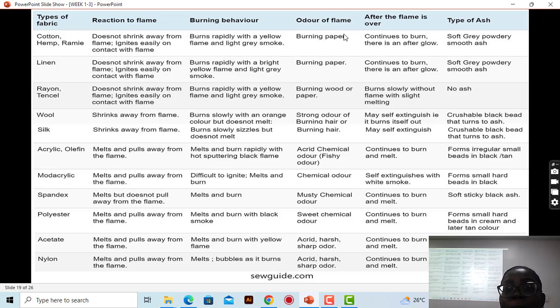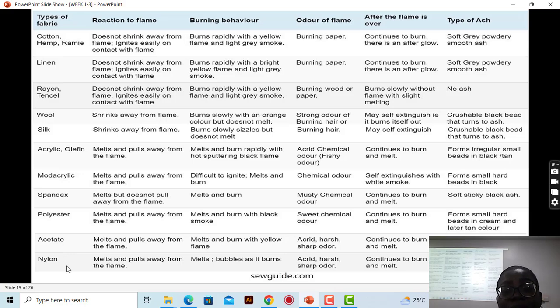Odor: burns like paper, smells like burning paper. After the flame is over, it continues to burn. There is an afterglow. Type of ash: soft gray, powdery, smooth ash. You see, it's the same thing for all the fibers we've listed here.